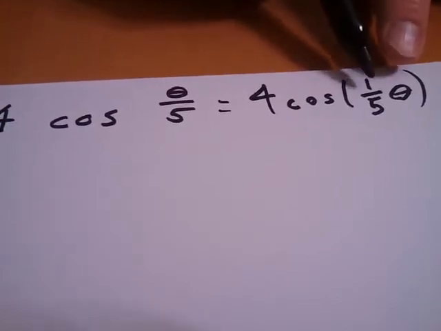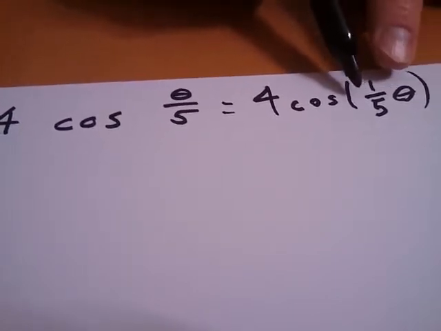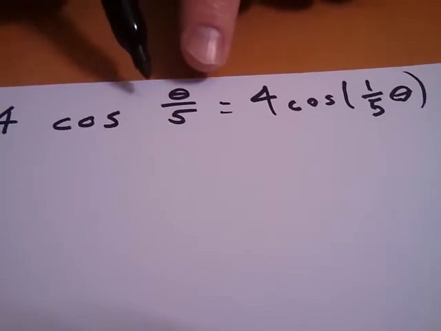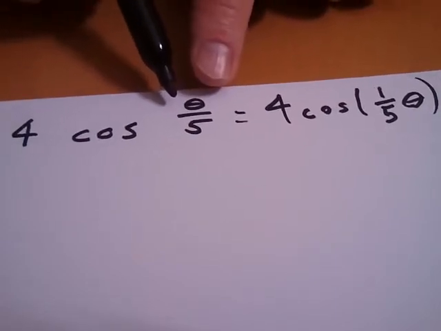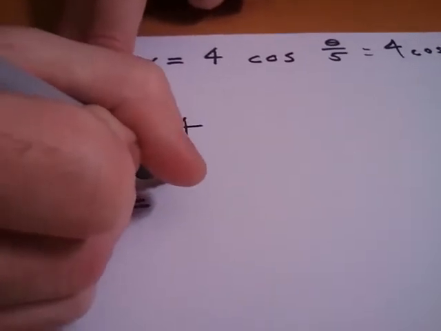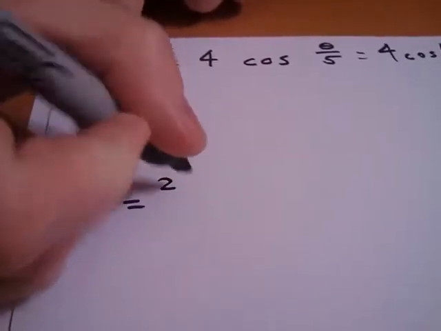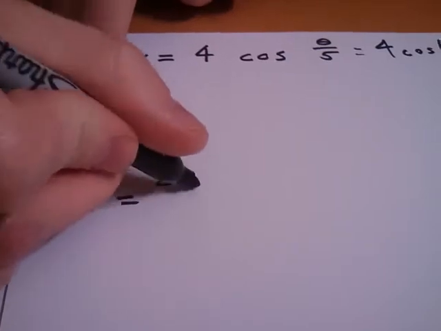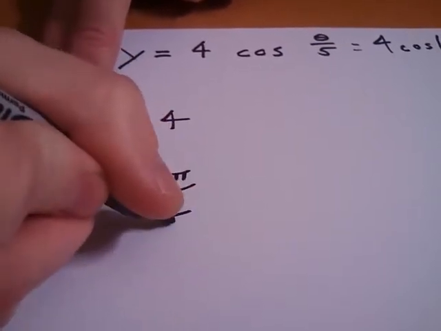So notice how I pulled out that 1/5. This 1/5 times theta is the same thing as theta divided by 5. So I plug this into my formula. I've got 2 pi over 1/5.